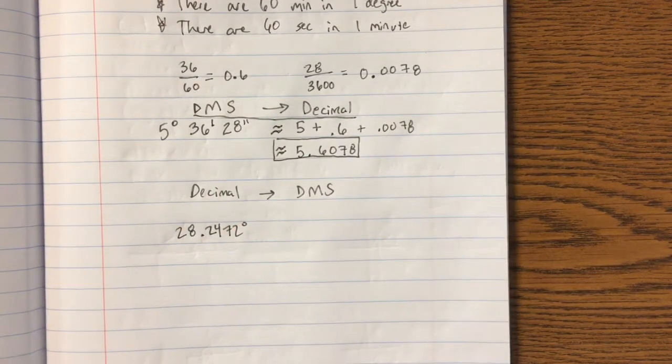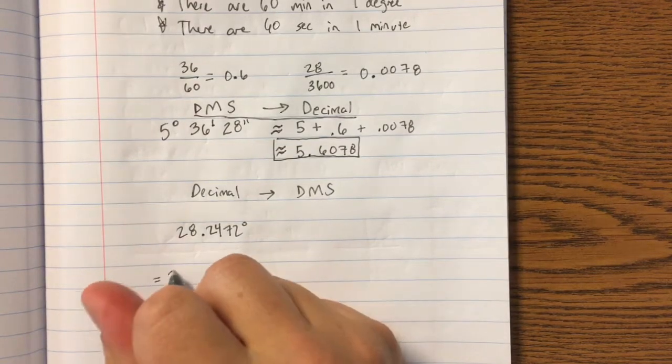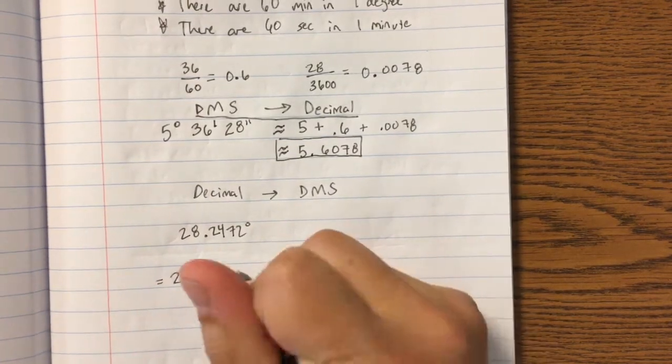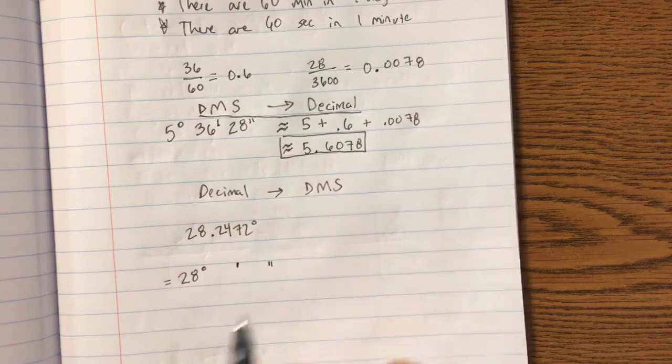I'm going to do this in 2 steps. The first thing I'm going to do is figure out, well, actually, first, how many whole degrees do I have? 28, right? So I know right away that I should have 28 degrees, some number of minutes, and then some number of seconds.